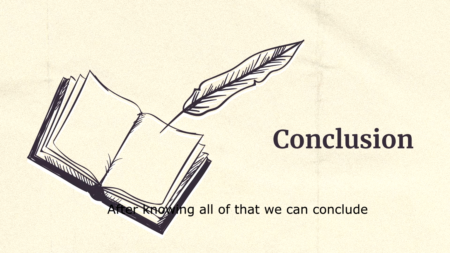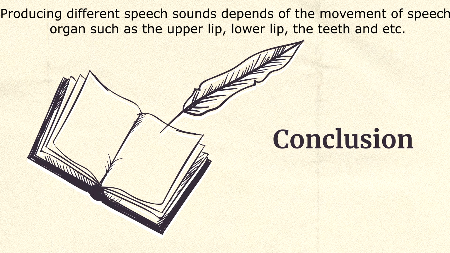After knowing all of that, we can conclude that producing different speech sounds depends on the movement of speech organs, such as the upper lip, lower lip, the teeth, and so on.